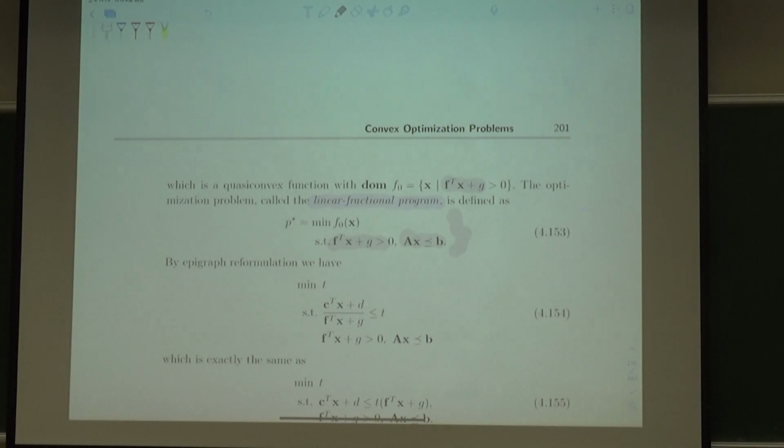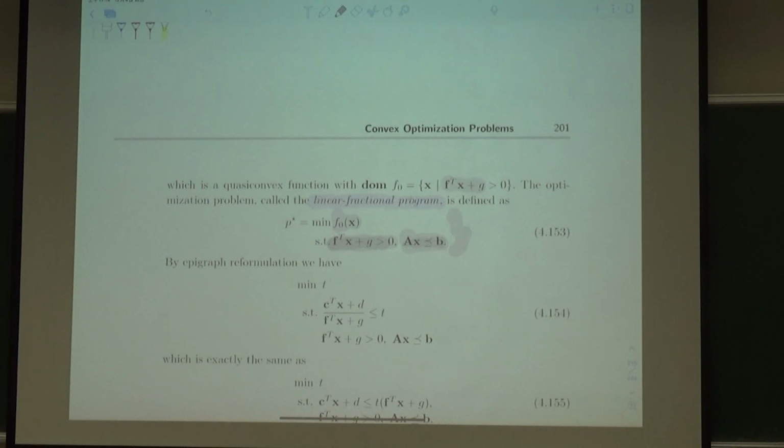Is this problem convex? The answer is definitely not, because f0 is quasi-convex. But the feasible set is convex, right? A linear inequality constraint set is a polyhedron.